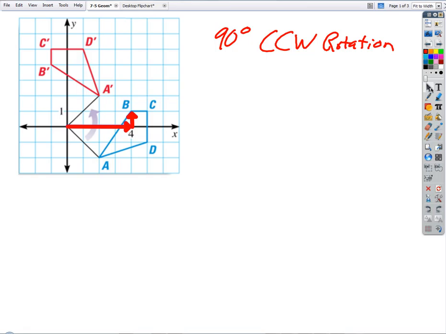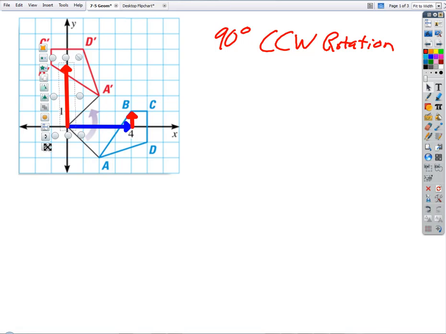Now, if I take each of those individual horizontal and vertical directions and I rotate them each 90 degrees counterclockwise, look what happens. If I take that guy and rotate it 90 degrees, I'm going to start at the same spot, so he goes there.